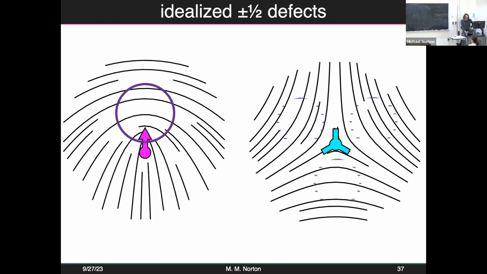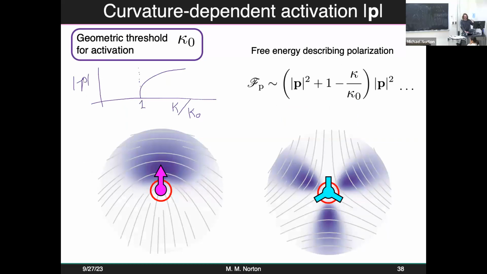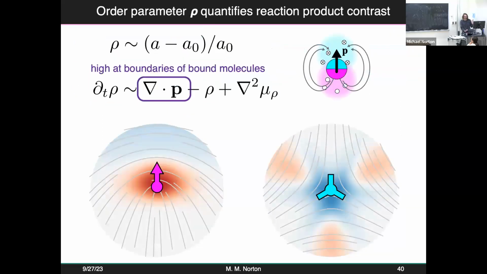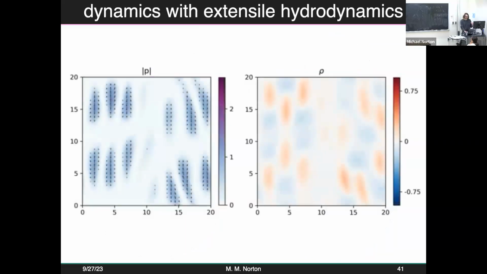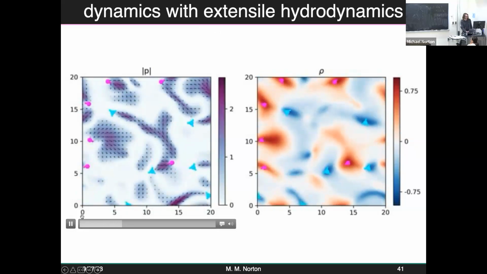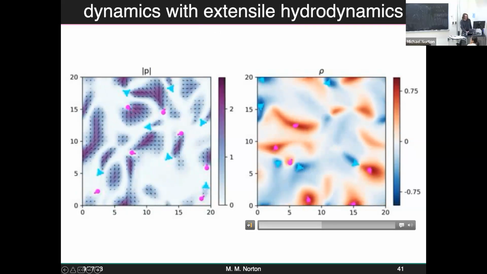So I'm just going to say that by looking at the geometry of defects, we can write some fairly simple PDE governing equations that will tell us how these dipoles both align in the nematic and create chemical activity. And here's just a simulation running those PDEs.